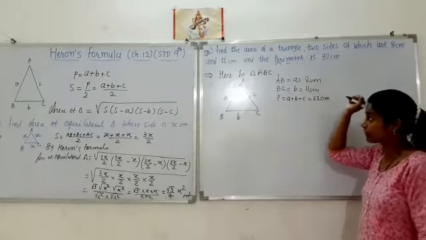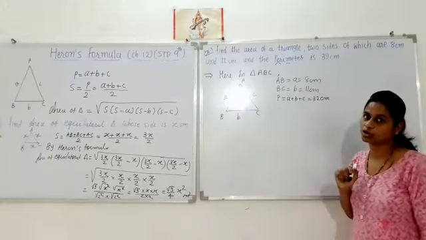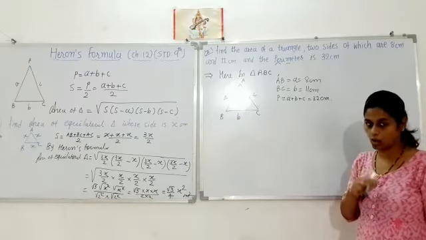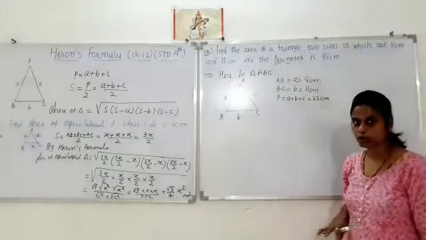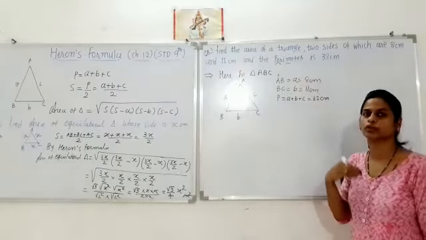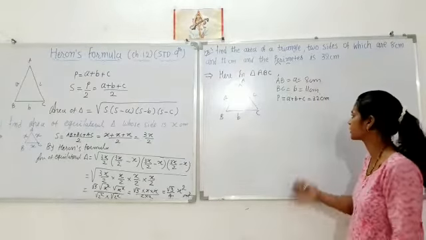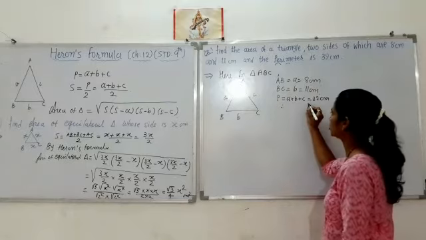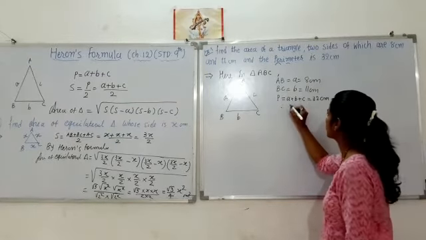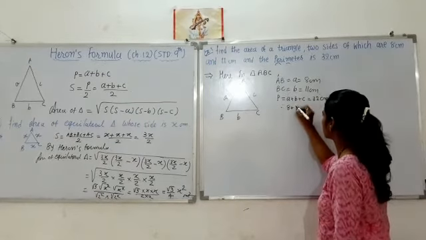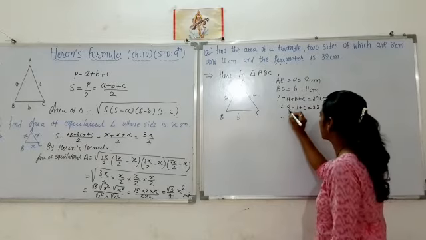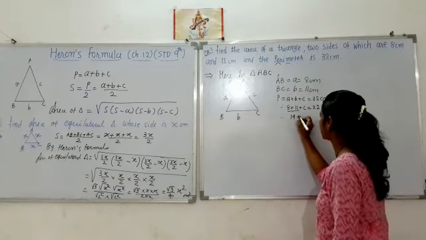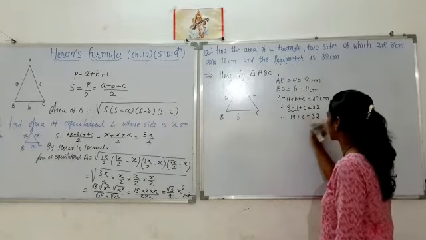Now for applying Heron's formula, you need all three sides' measurements, but you have only two sides. You do not know the third side. So first of all you want to find the third side's measurement. How? Putting the values of a and b here. The value of a is 8, the value of b is 11, and c you write as it is because you want to find it. 8 plus 11 is 19, plus c is equal to 32.